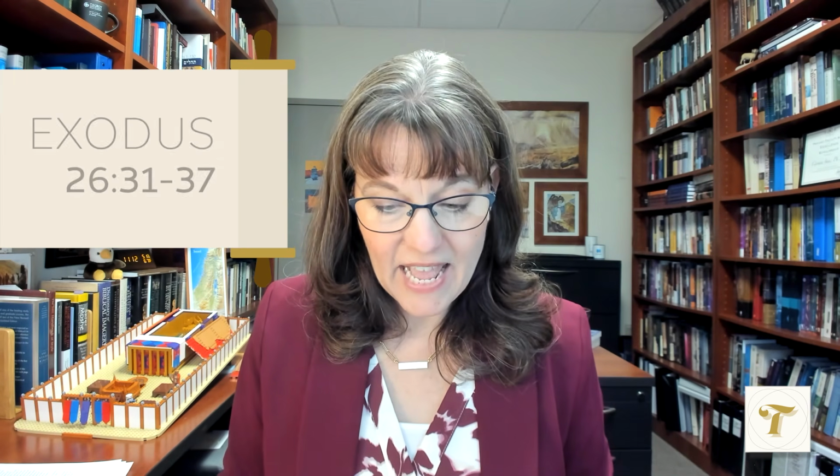So I'm going to begin by reading my translation of the Hebrew, starting in Exodus chapter 26, verse 31. You shall make a tapestry of blue, purple, crimson, and fine twisted linen, the work of a weaver skilled in multicolored designs. He shall make it with cherubim. You shall set it upon 4 pillars of acacia overlaid with gold, and their gold hooks, upon 4 bases of silver.